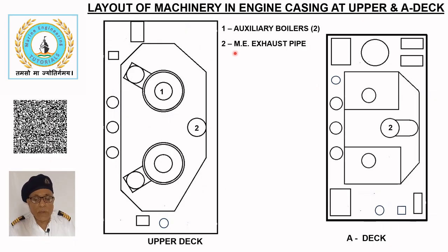The main engine exhaust pipe (2) coming from the turbocharger outlet passes through both the upper deck and A deck. Three generator engine exhaust pipes (3) originating from the second deck extend upward through A deck and upper deck within the engine casing.